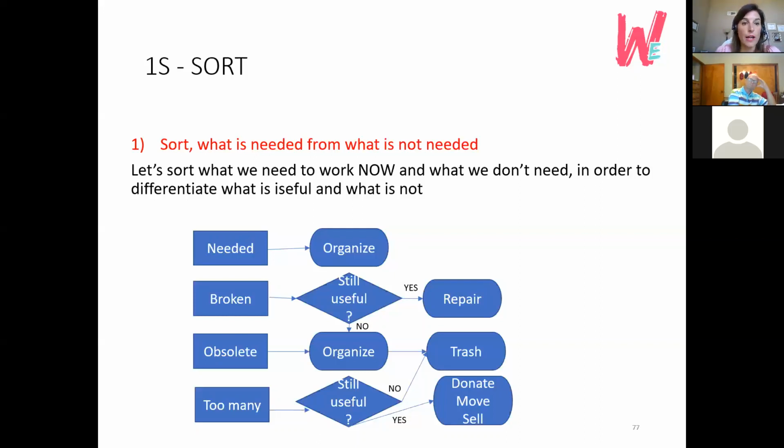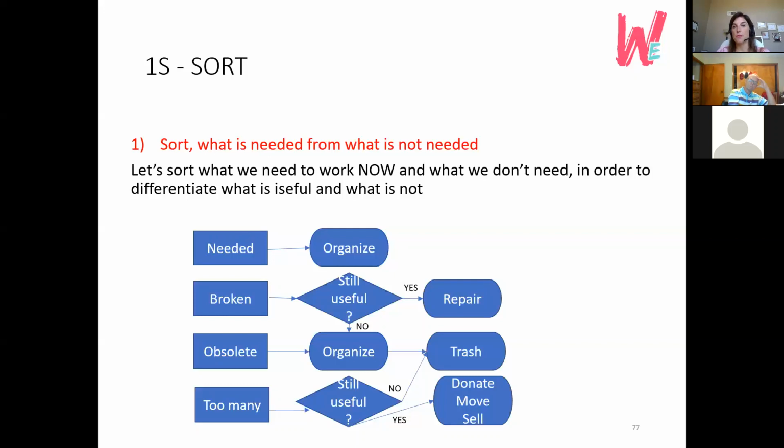And the other thing that we have to sort is when we have too many of something. You can check your desktop. Well, you have many pens of the same color, or you check your toolbox. You have many tools of the same size doing the same type of thing.